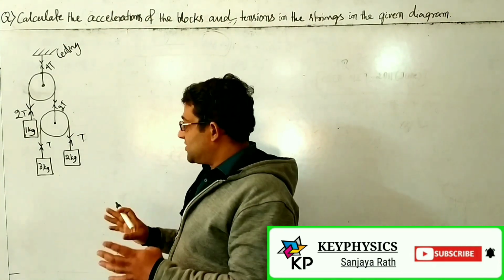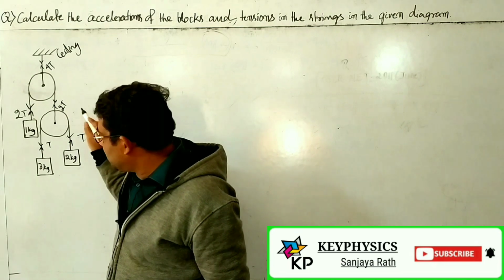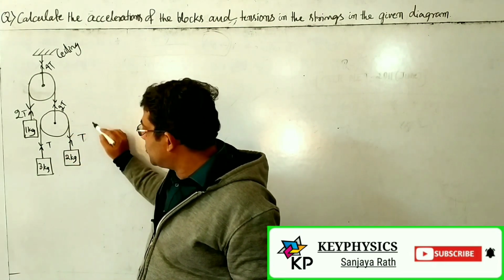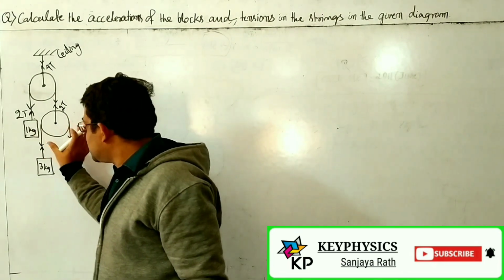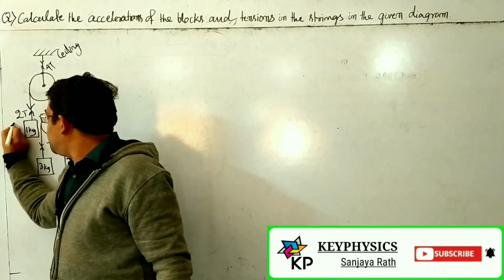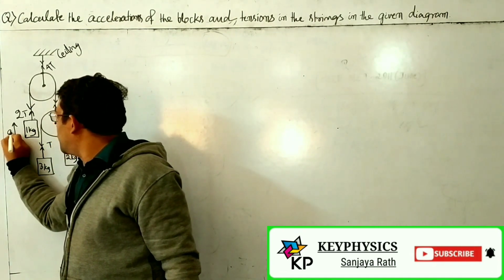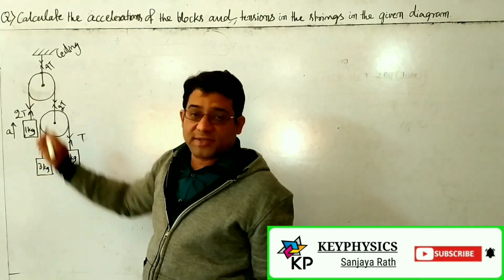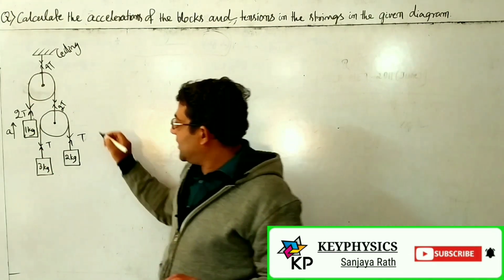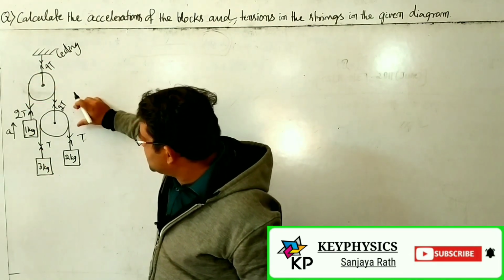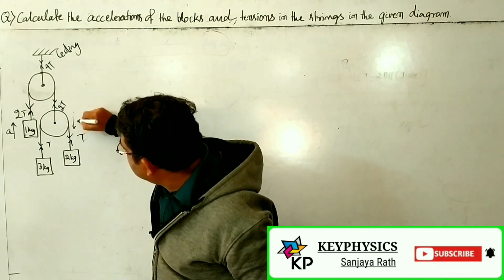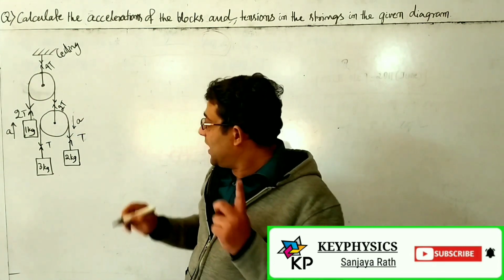Now come to the accelerations. Let us say, for the time being, you are thinking of this 3 plus 2 kg as one system. This is heavier, it is coming down, and the 1 kg is going up. Let us say this 1 kg block is moving upward with acceleration A. Then if this is moving up, the entire movable pulley will come down with acceleration A only, yes or no?